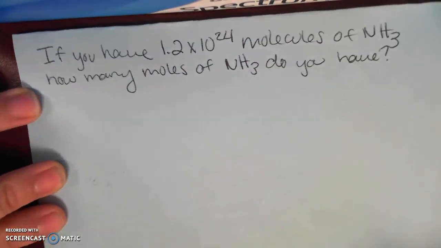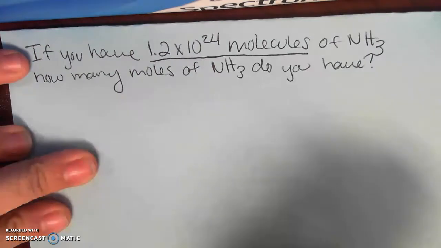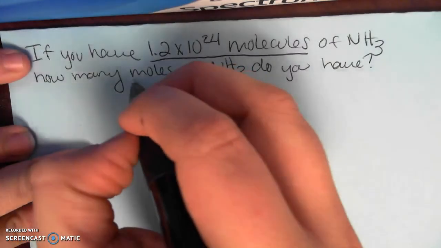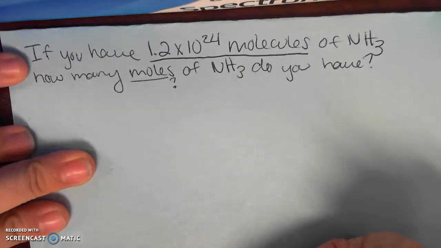Okay, so again, what is the given here? They're giving us 1.2 times 10 to the 24th molecules, and they're asking us to find moles. Okay, so we want moles. We'll put a little question mark next to moles because that's what we're looking for.